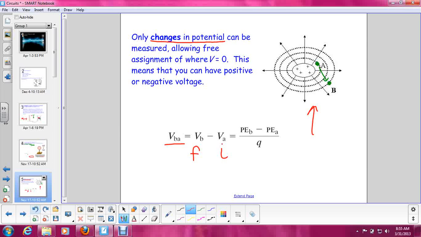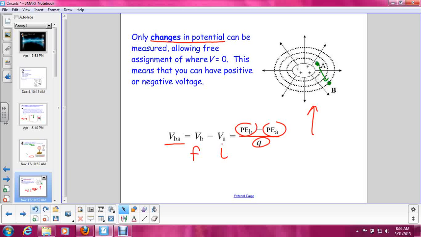So in order to do that, what you could do is find the electric potential energy at point B, subtract the electric potential energy at point A, and you would divide that by the amount of charge that your little charge has. Because remember, voltage or electric potential is electric potential energy per unit charge.